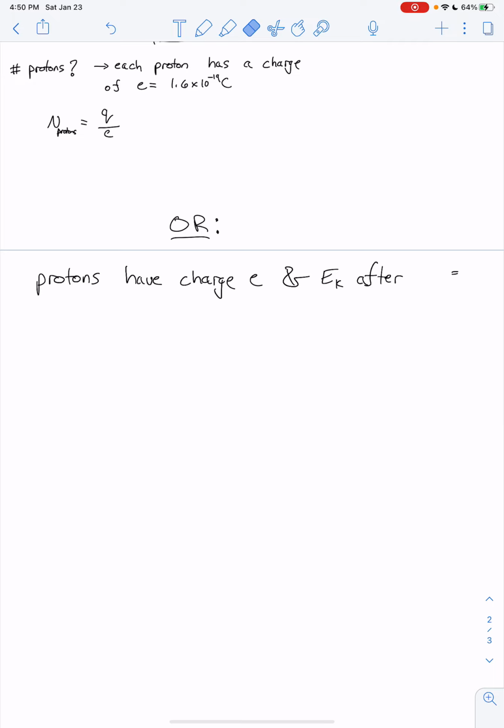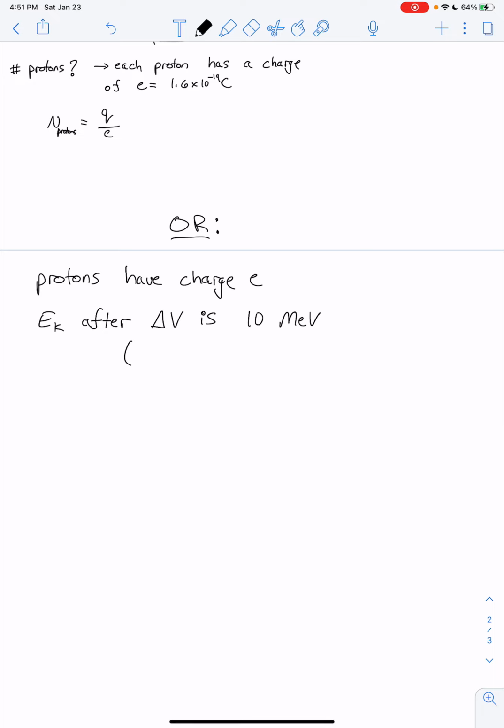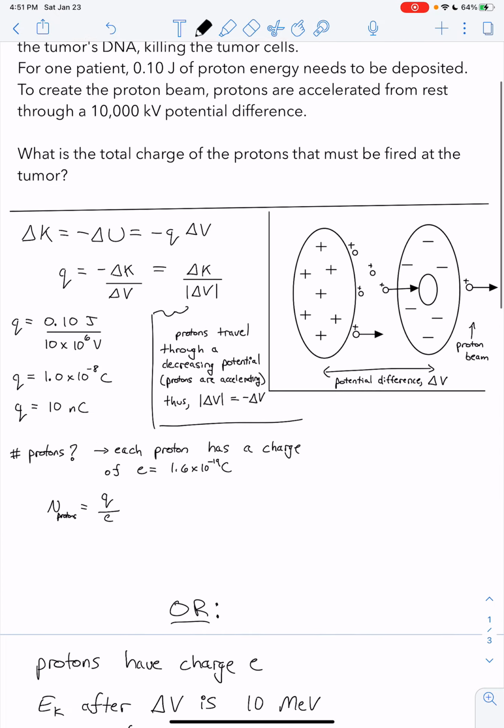That looked a little crowded, so I'm going to rewrite this just below. So protons have charge E, and so the EK after delta V is 10 MeV, right? Because the delta V is 10 times 10 to the 6 volts, right, from up there.